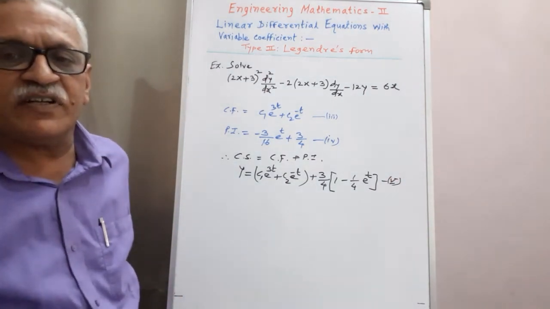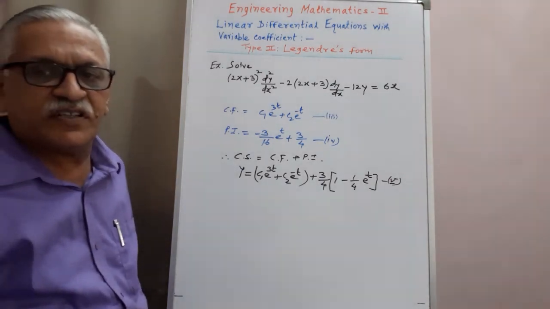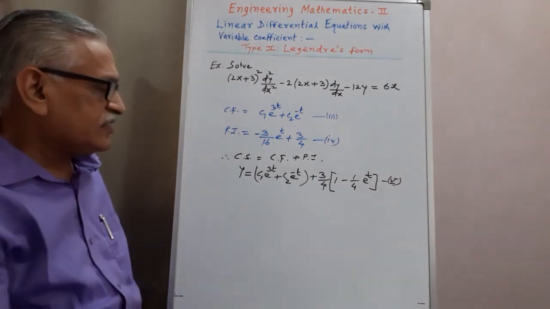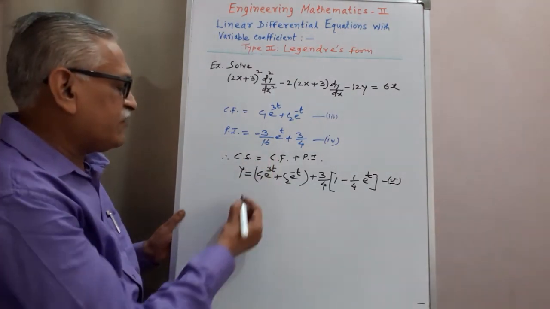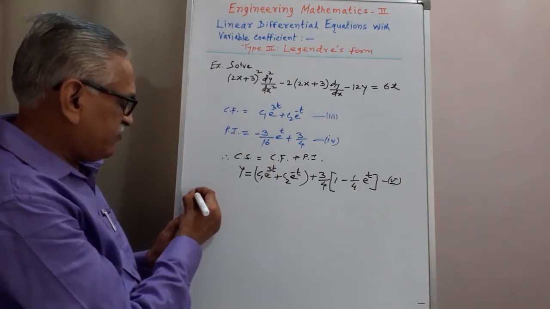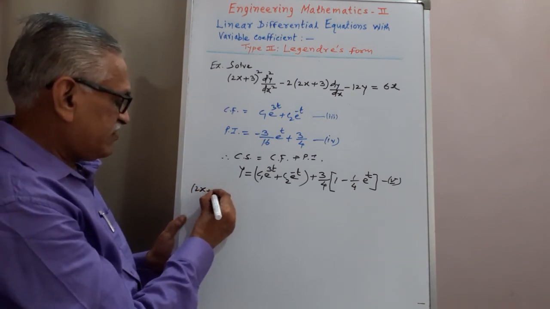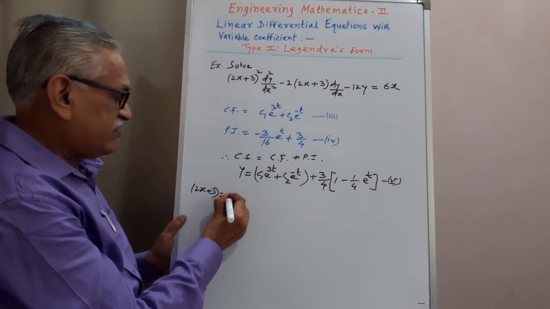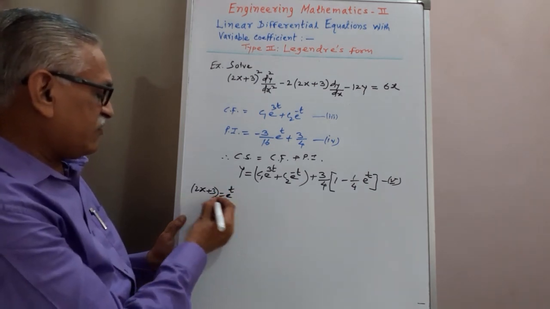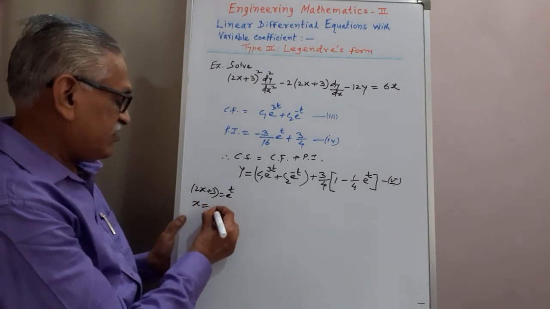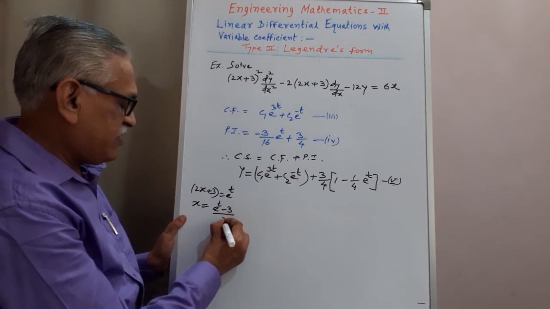It is the relation between the dependent variable y and the independent variable t, but the original equation is in terms of x and y. Therefore, once again we convert t in terms of x: we have 2x+3 = e^t, and the value of x is (e^t − 3)/2.